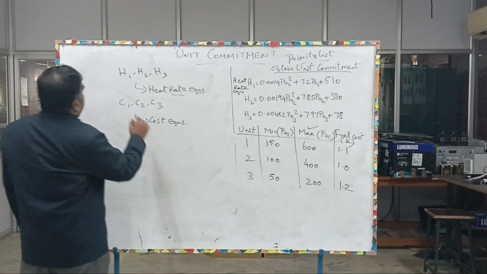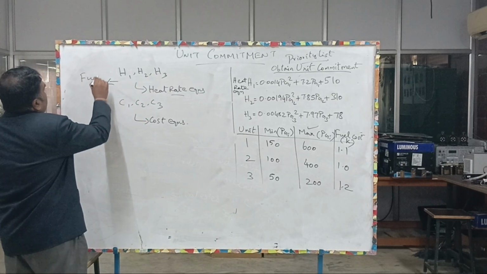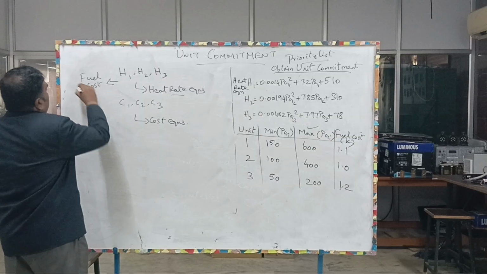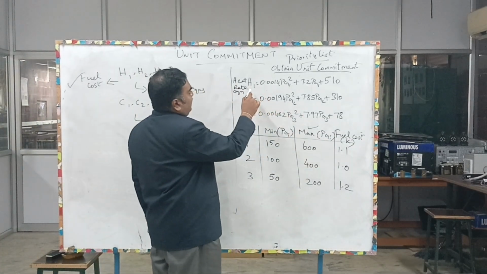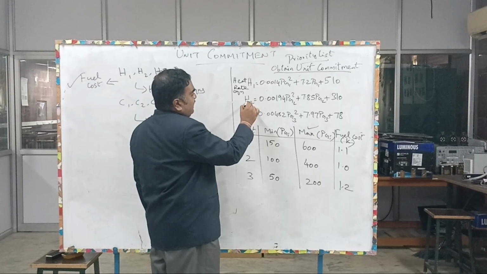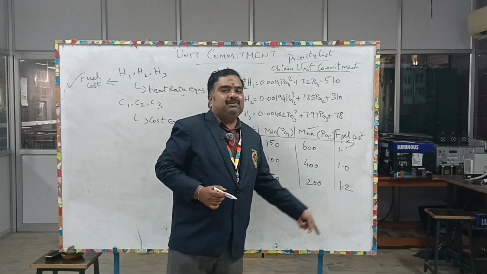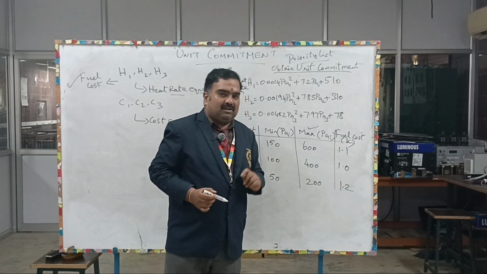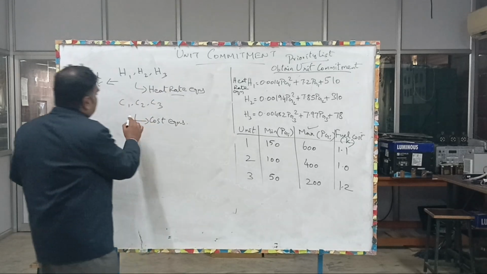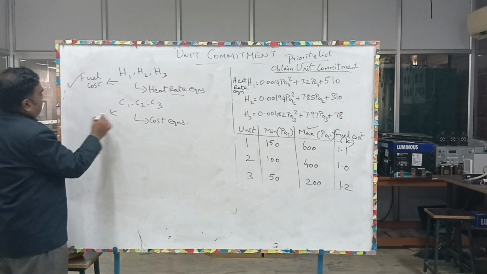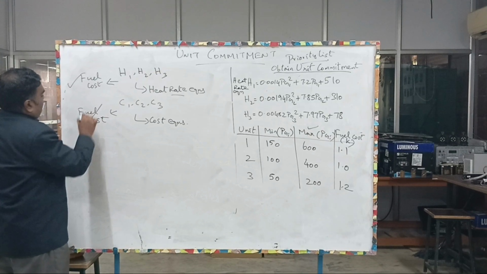So, if heat rate equation is given, then the fuel cost would be given, just like how it's given in this problem. You can see here you have been given 3 equations H1, H2 and H3. Obviously, the fuel cost for the respective units K1, K2 and K3 is also given. If in case they have directly given you the cost equation, the fuel cost would not be given.